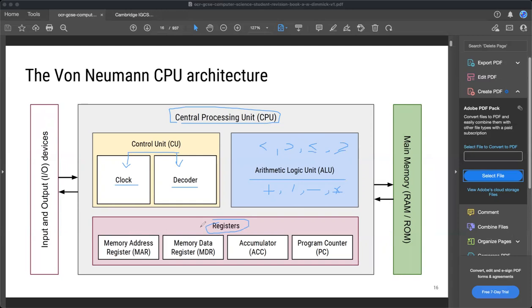Registers, now the memory, this is the main idea. Memory has different types: MAR, memory address register, MDR, memory data register, accumulator, and program counter. These are basic von Neumann architecture model things.